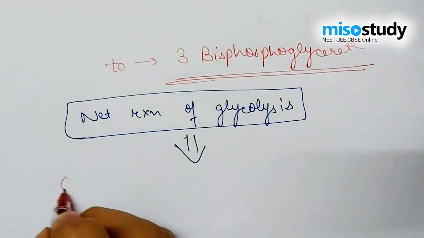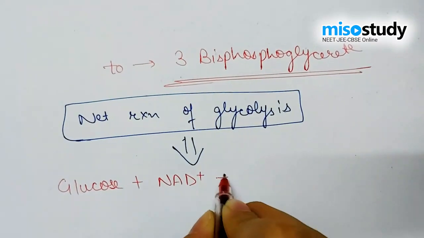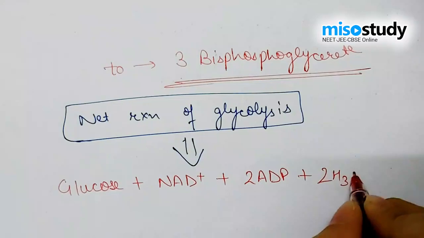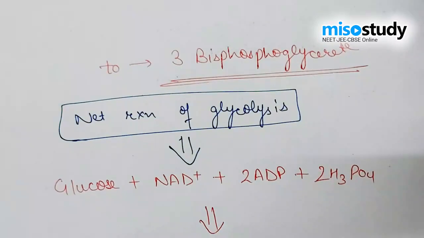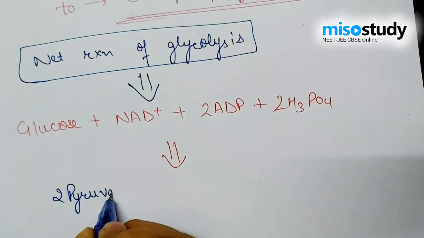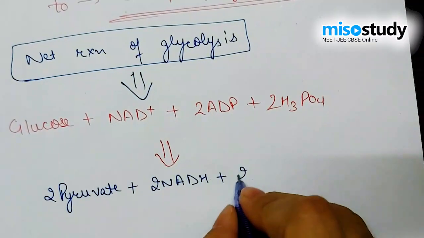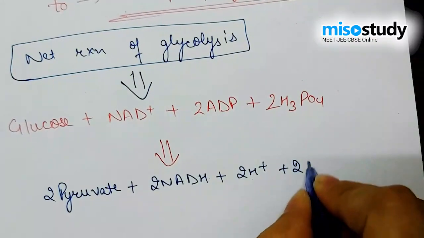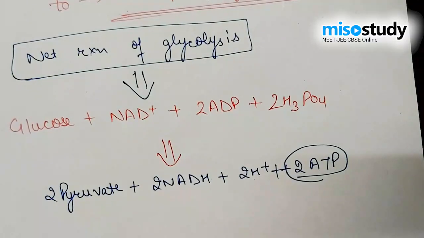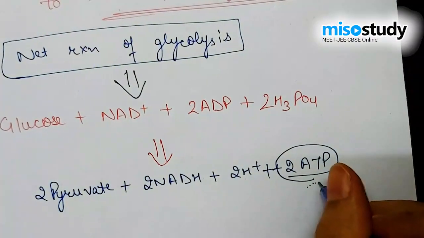The reaction is written as glucose plus 2 NAD plus, 2 ADP plus 2 H3PO4, and this reactant is converted into the formation of 2 pyruvate plus 2 NADH plus 2 H plus plus 2 ATP. Why 2 ATP? Because in the process 4 ATP are produced, out of which 2 are consumed, so we generally mention in a nutshell, that is the 2 ATP.